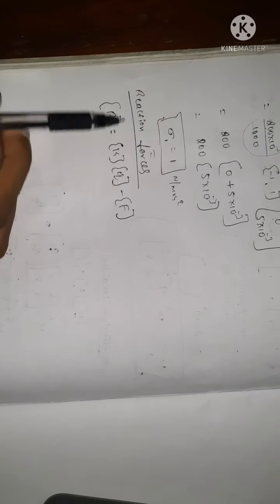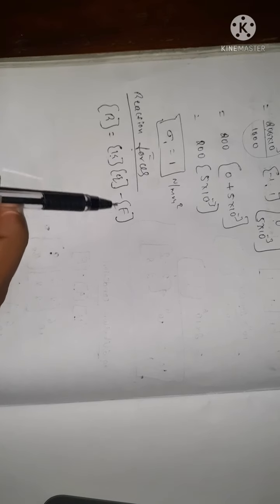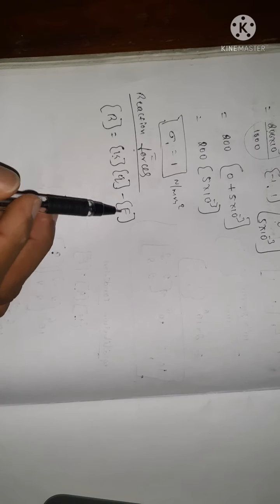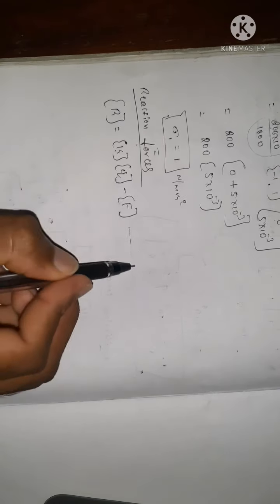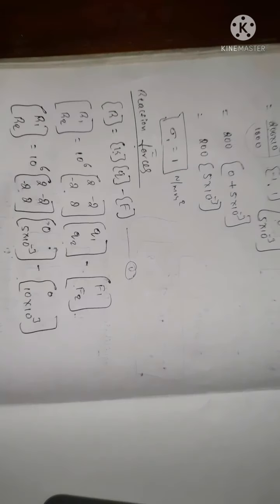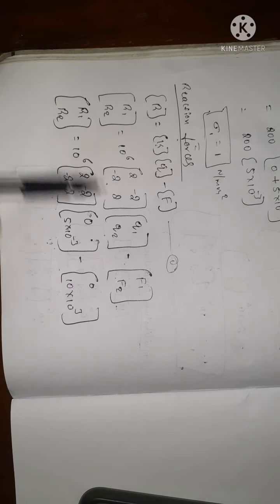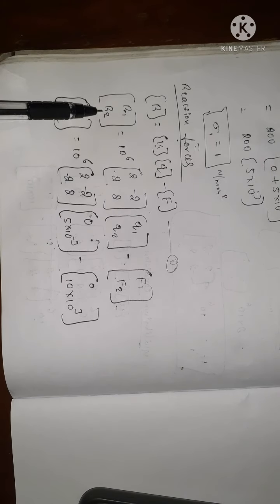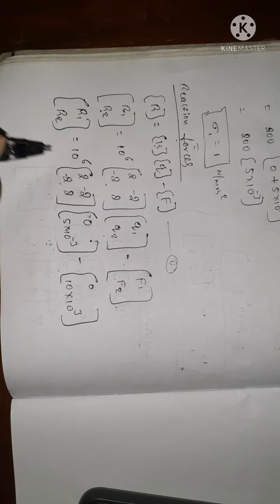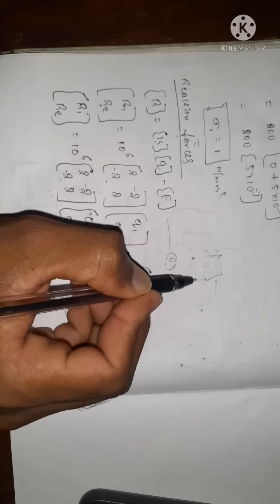So next, to find the reaction forces, where R is equal to K into Q minus F. This is the standard equation. Note down all the data. So substituting all the values in this equation, R1, R2, because I have only two nodes, only one element, 1 and 2.